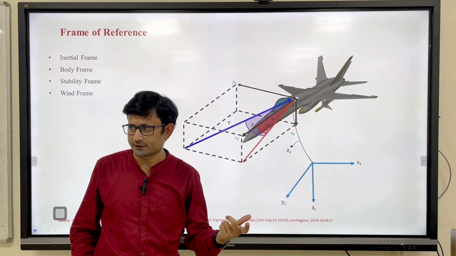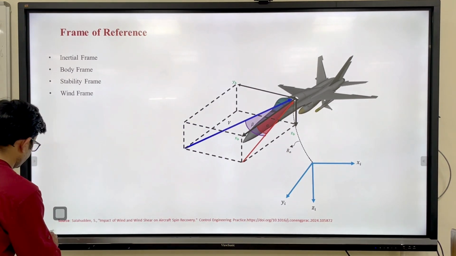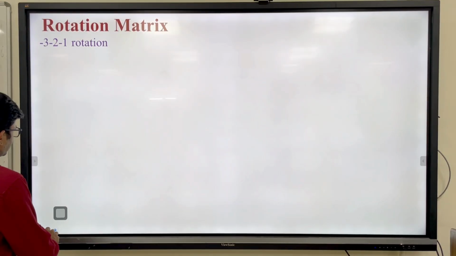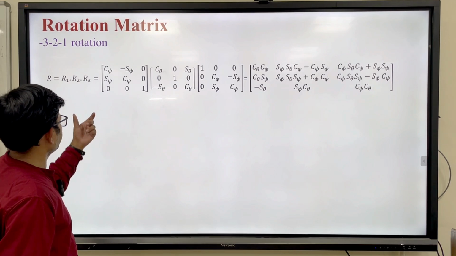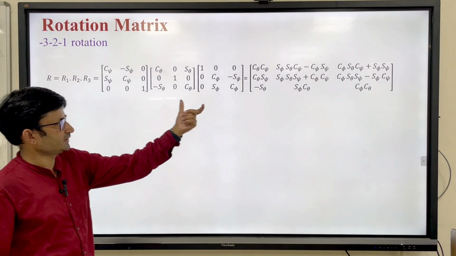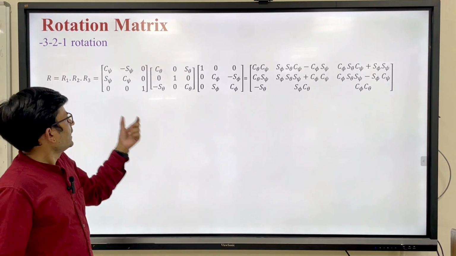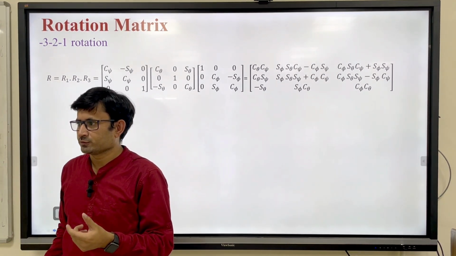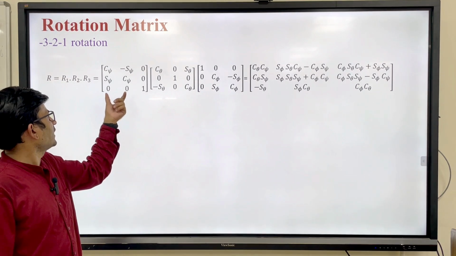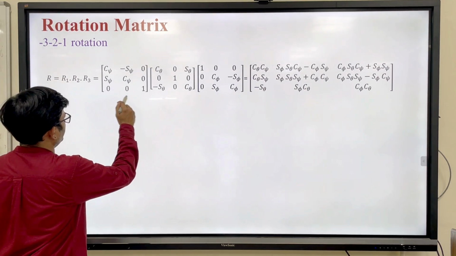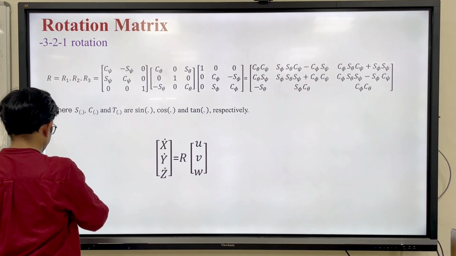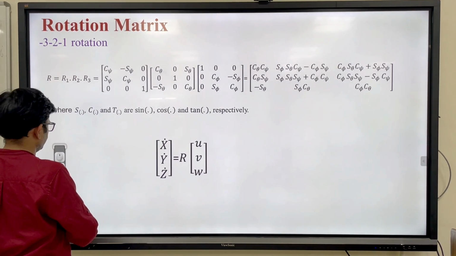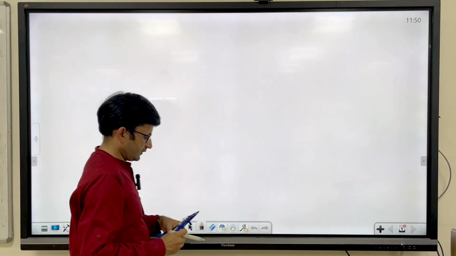And this is the rotation matrix we will find out. 3-2-1, right? Phi, theta, psi. Now this 3-2 rotation I have performed. You can see this, but I will tell you how to obtain this matrix, because it is very important how we have obtained this. Let's say how we obtain the first matrix.